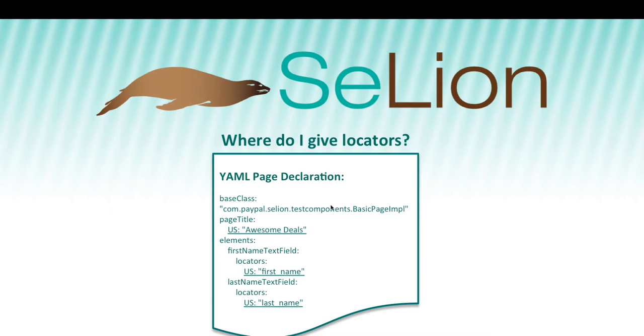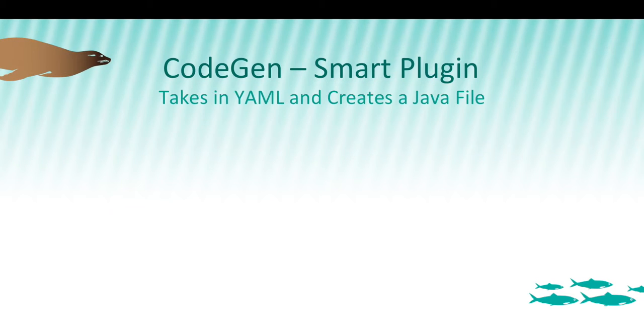Under the elements, I have specified the name of the element called first name text field, last name text field, and the locators for the first name text field are categorized locale wise. Here, I have just specified US, but in some cases, if you require the FR locale, you can just specify the FR locale here.